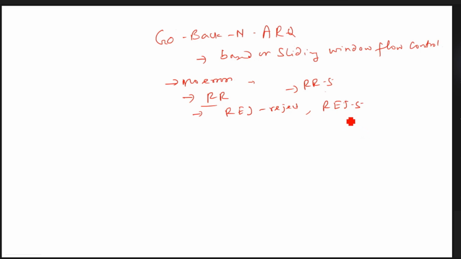But once the source station receives this REJ5, it will not only retransmit frame number 5, but also all the succeeding frames it has already transmitted, right? So that is the principle of this sliding window flow. There is a little drawback, but this is the principle of it.